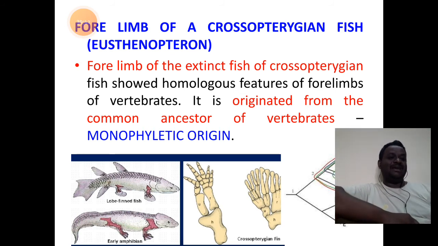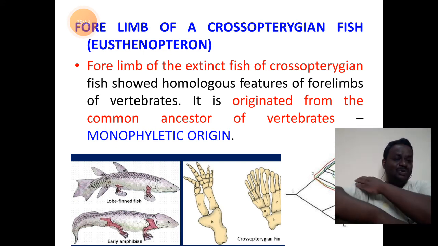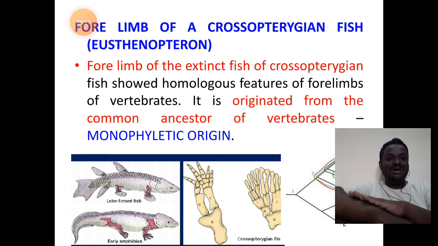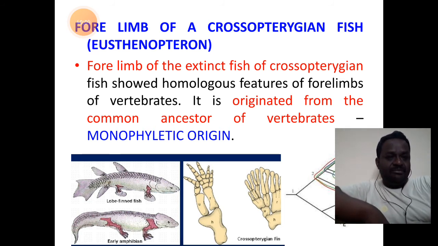In this fish, the common ancestor has given rise to the humerus bone and the radius and ulna bones in the upper arm and lower arm respectively. Then in the hand or manus region, it has wrist bones called carpals, metacarpals of the palm region, and digit bones called phalanges. So this arrangement is the same.